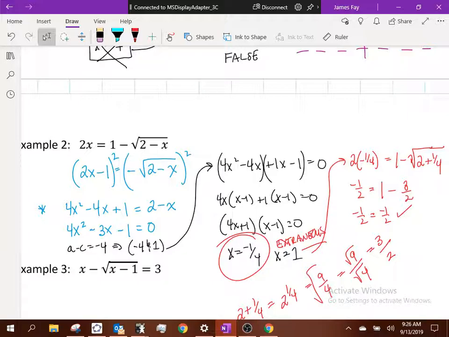The easiest way: we went through all that algebra by hand to check them, and I think that work in red might even have been as time-consuming as actually solving for x equals negative 1/4 and x equals 1.